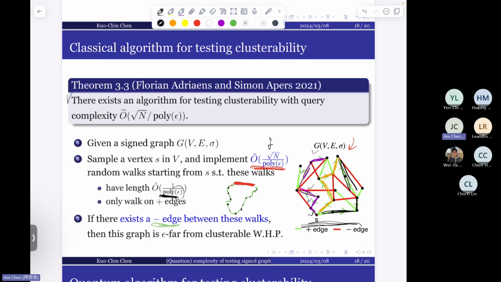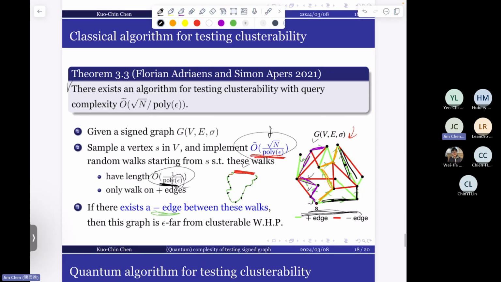However, if we find a negative edge connecting some vertices between them, then we know the graph is not clusterable. They show that if we implement many random walks, each with this length scale, then the graph is far from clusterable with high probability.